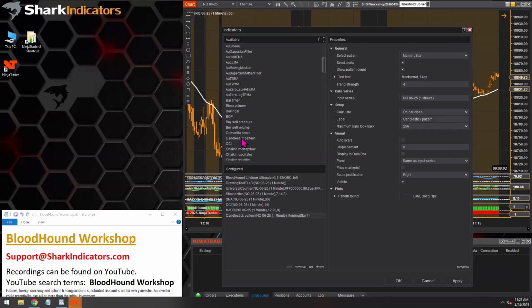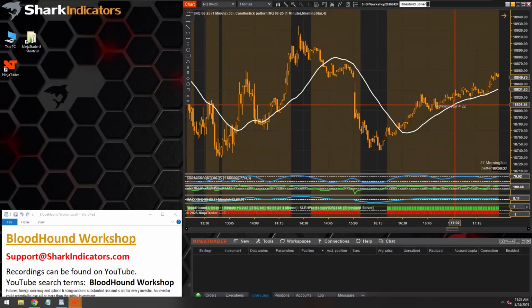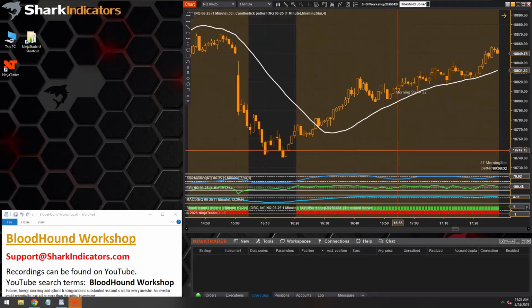The candlestick pattern does have a signal output here. Let's see, morning stars, yeah, good enough. I don't want to send alerts, show the count, sure, good enough. So we'll look for the morning star there. Oh, look at that. We actually have one right in front of us. All right, great.